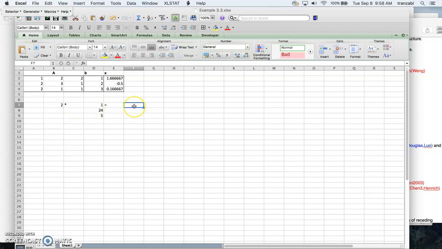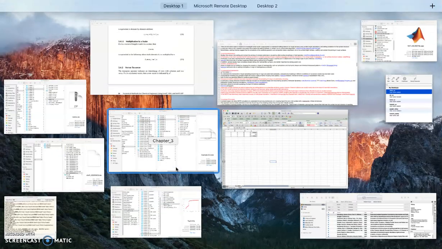So the first element of the result would be 2 times 1, which is 2. The second one would be 2 times 24, it's 48. And then the last one is 2 times 5, which is 10. So that's how we multiply a scalar by a vector, which gives rise to another vector with the same dimension as the original vector. Okay, so let's clear this up.